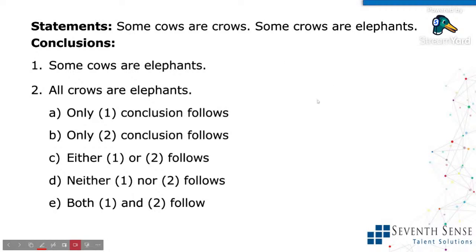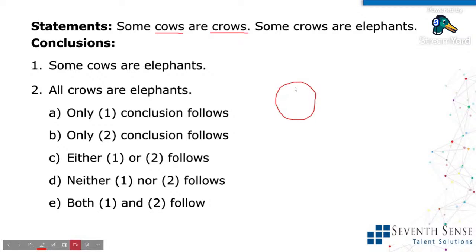Some cows are crows. Guys, whenever you have items beginning with the same alphabet, it's better to take the first two alphabets. I recommend you not to write the whole thing, cows, crows, elephants and all. Just write the first letter, because you are having a competitive exam. You need to keep it as short and as simple as possible. So please don't write the whole thing.